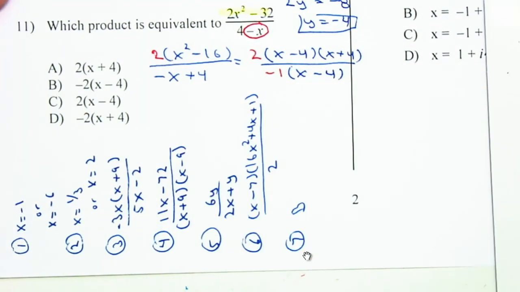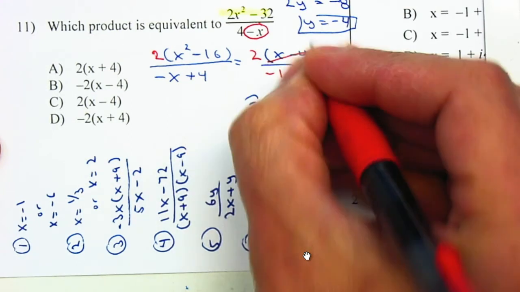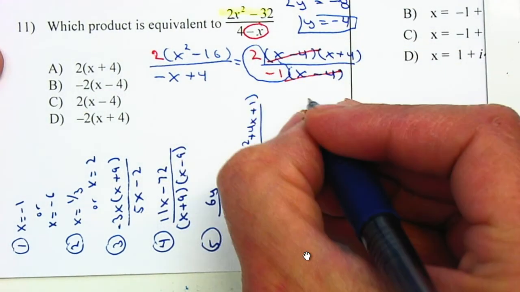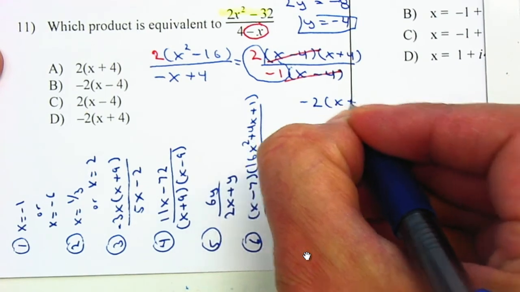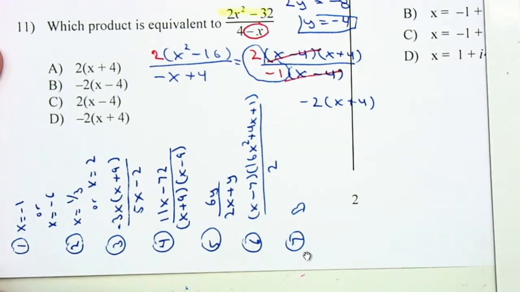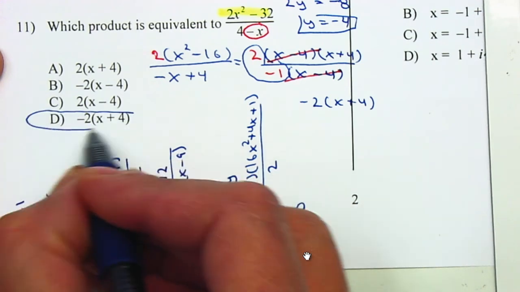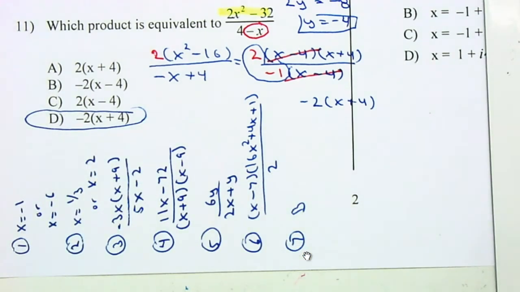Be careful. That cancels. So 2 divided by -1 is -2 multiplied by x plus 4. So your answer is letter D. Let's continue with problem number 12.